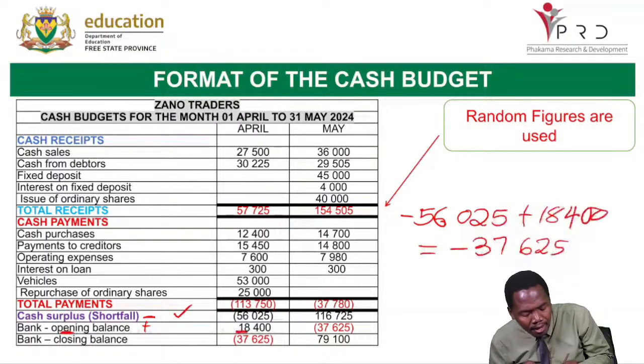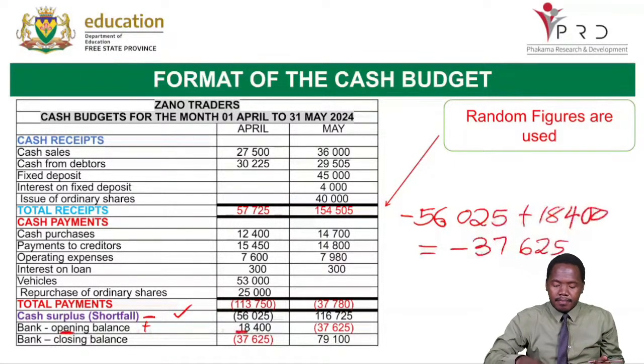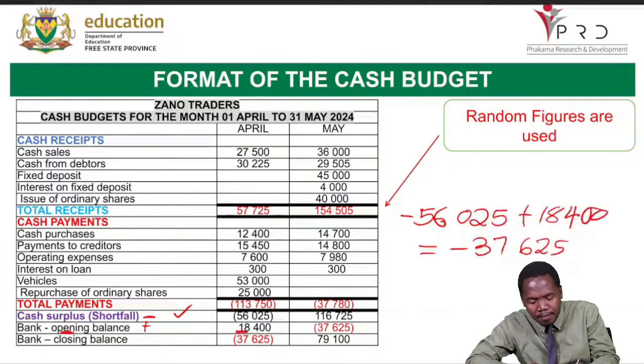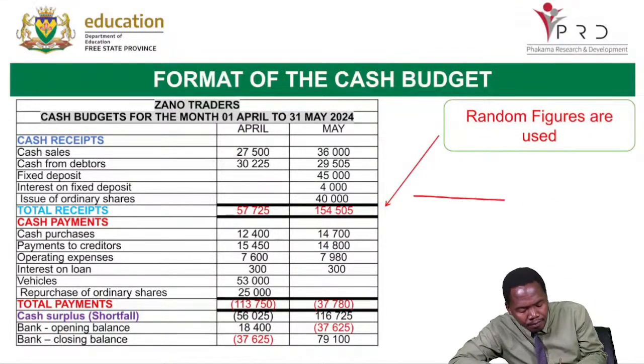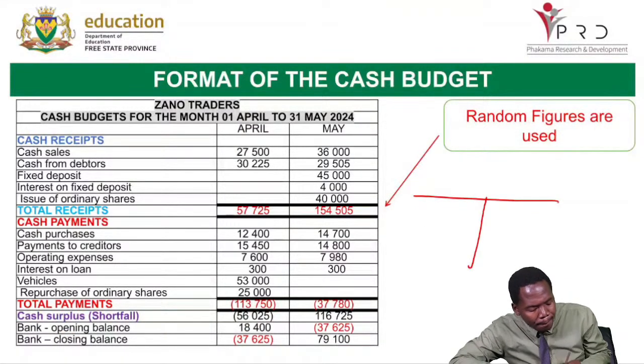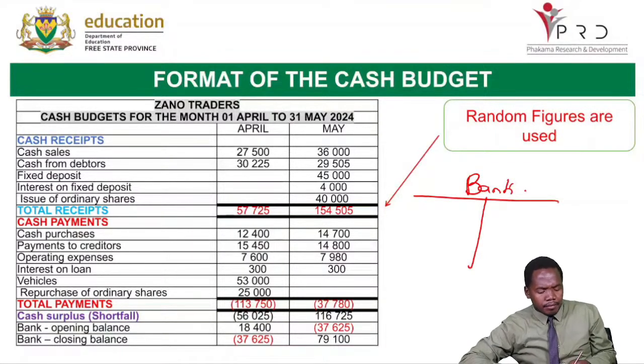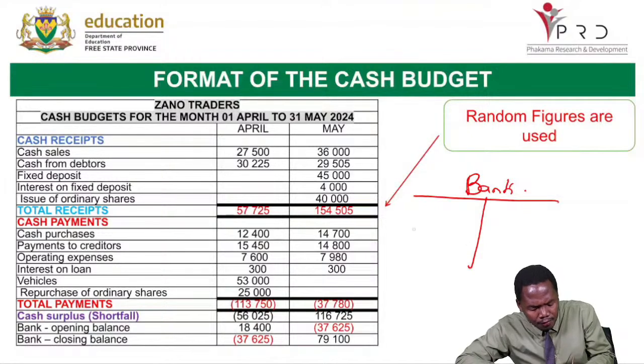Now, remember what you have learned. Let me just remove this so that there is no confusion. If your balance carried down, this is your bank account. Let's say we have a balance carried down here of 37,625.